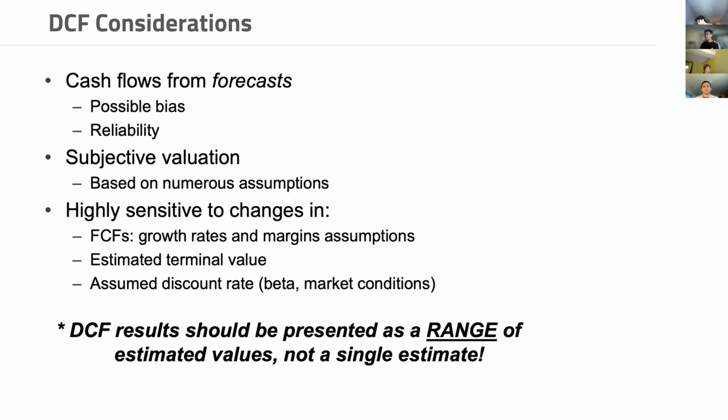And again, as we mentioned earlier with the football field, we really want to use a range of estimates because it's really about a yes or no decision. So it doesn't really matter if you're off by 50 cents, as long as the decision you're making overall directionally turns out to be correct.